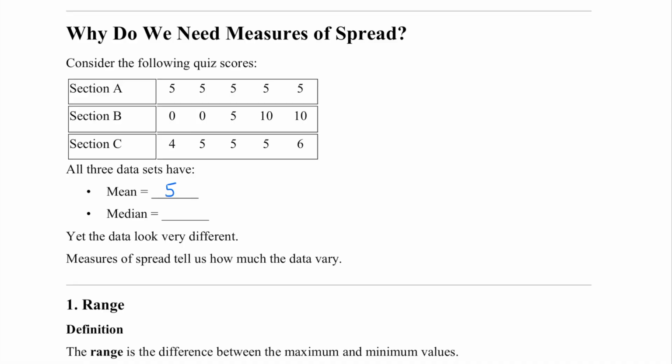Now, let's look at the median. For section A, the median is 5. For section B, the median is also 5. And for section C, the median is also 5.